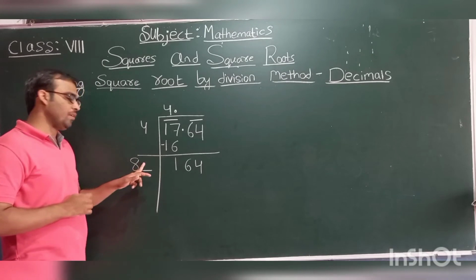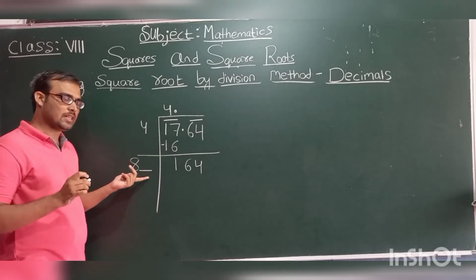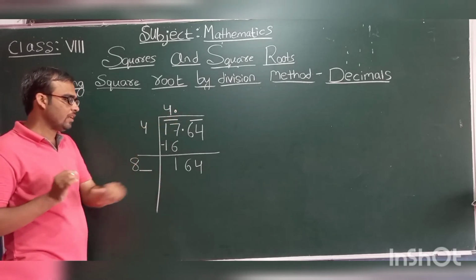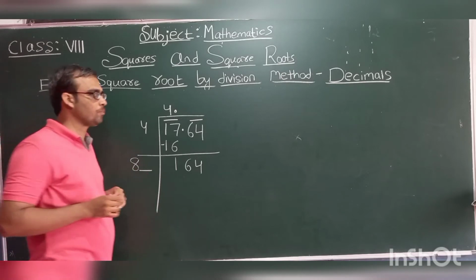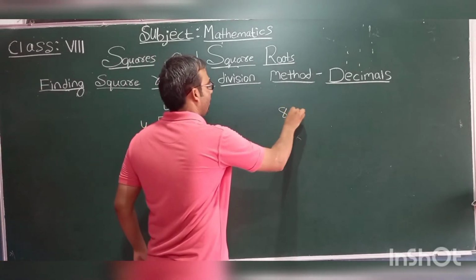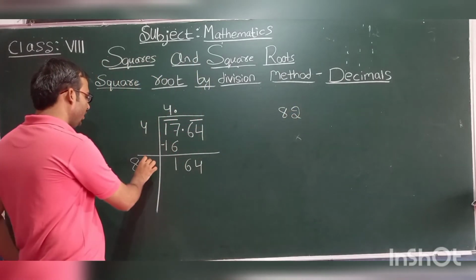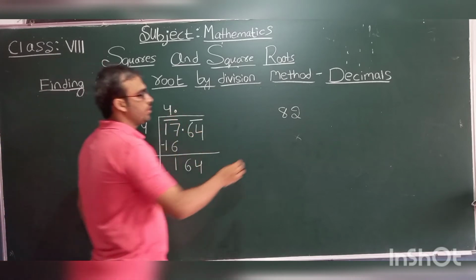Now we need to fill this blank with a number such that the product of this new divisor and the new digit in the quotient is equal to or less than 164. Let us fill the blank with 2 and see. So here 82, as we have taken the new digit as 2. Here also we need to take the new digit as 2.